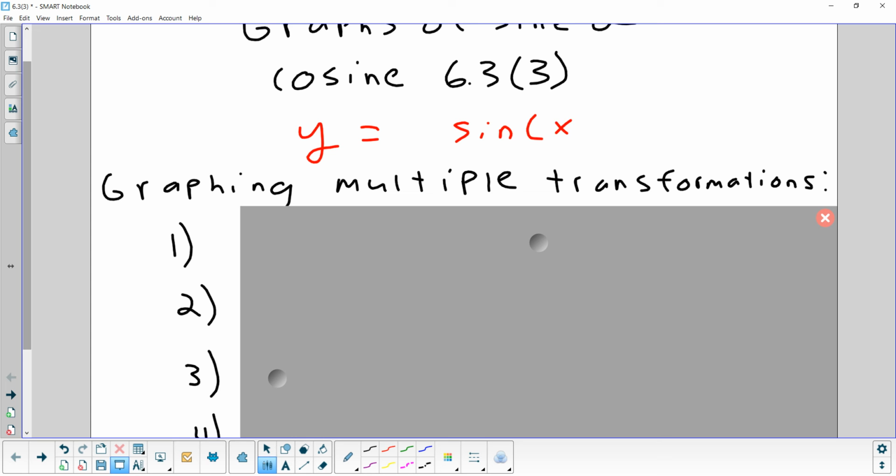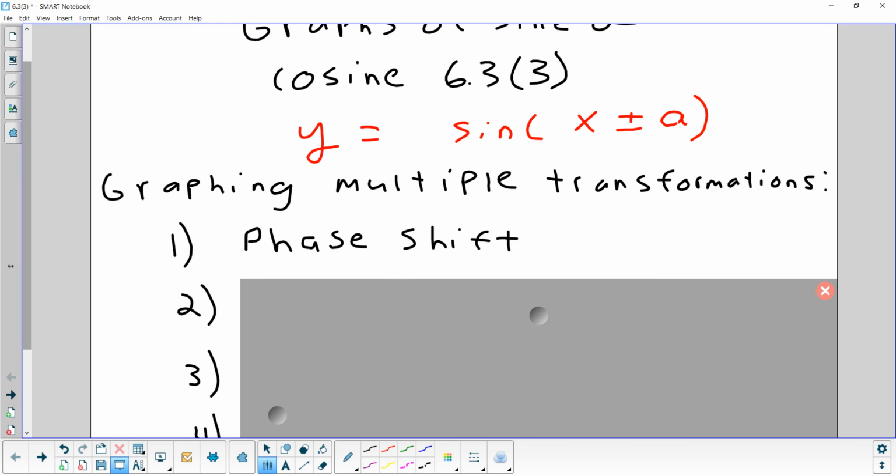So that would be addition or subtraction inside the parentheses. With a trig function, we call it a phase shift, but it's the same thing as a horizontal shift. And that would be controlled by A. If A is positive, we move left. If A is negative, we move right.